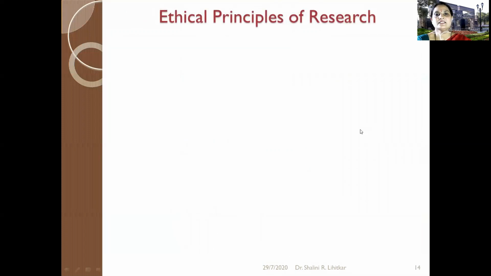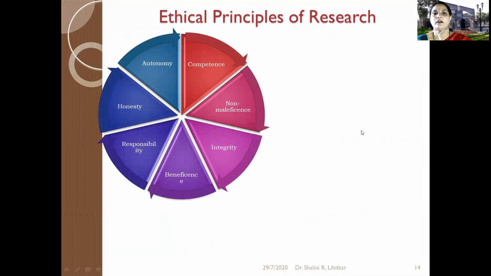Then let us see about the ethical principles of research. The first principle is autonomy. Second one is competence. Third one is non-maleficence. Fourth one is integrity, beneficence, then responsibility, honesty, which we have already seen in the previous slide.